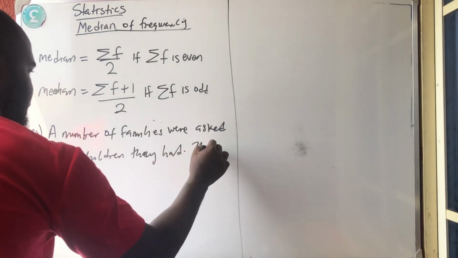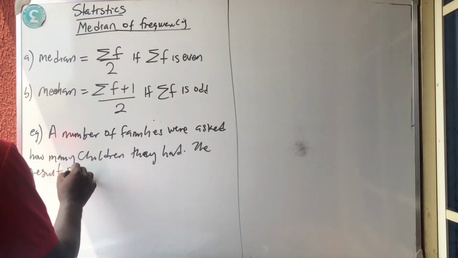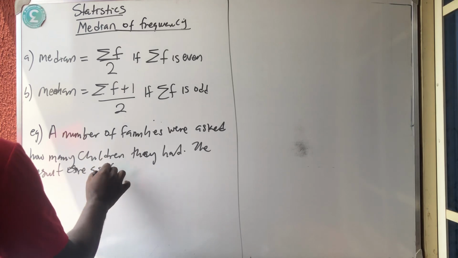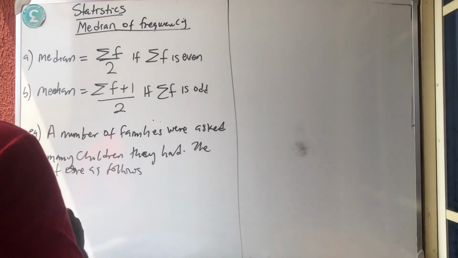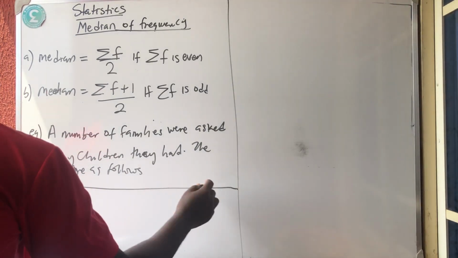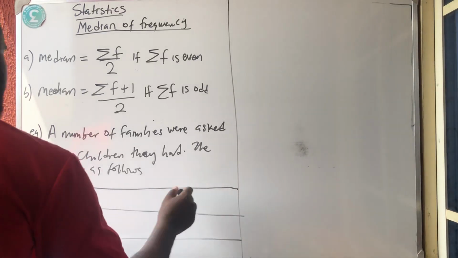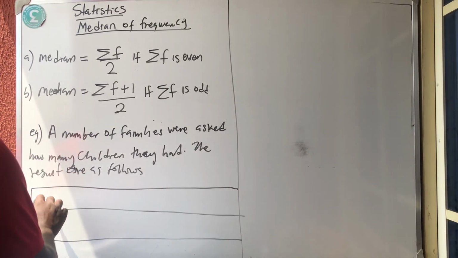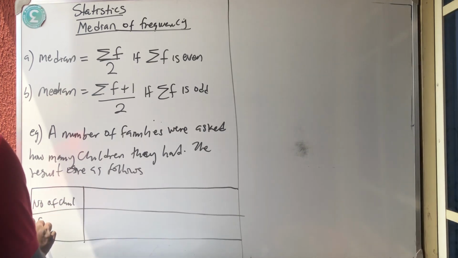The results are as follows. So look at the result of these different families. I have the number of children and the frequency.